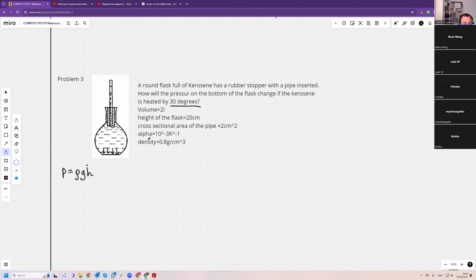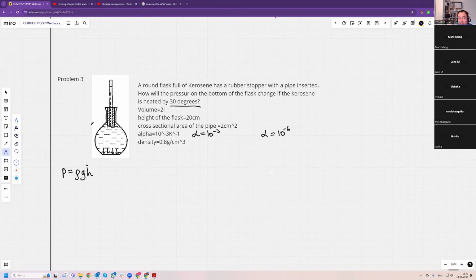Okay, so we know alpha is 10 to the minus 3 for kerosene. Now for glass, alpha is much smaller, about 10 to the minus 6 roughly. That is why we can neglect the expansion of glass, because if you heat it, the bulb will also expand and the kerosene will expand, but the bulb doesn't increase nearly as much.